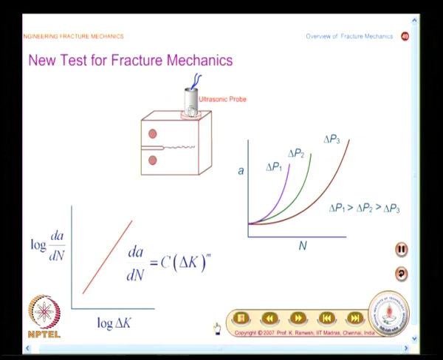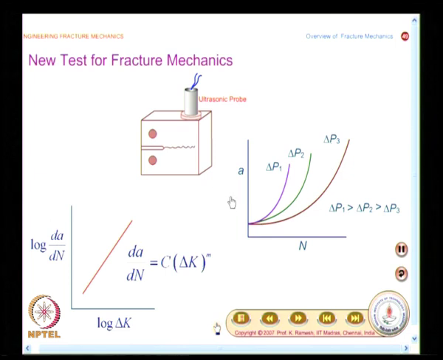There could be many methods by which they could monitor the growth of the crack, and you essentially cull out the data of crack length versus number of cycles, and you do this for various amplitudes of the load applied: delta P1, delta P2 and delta P3.